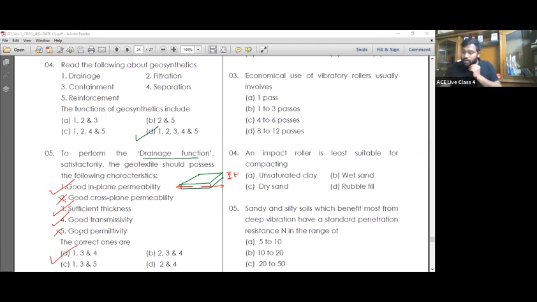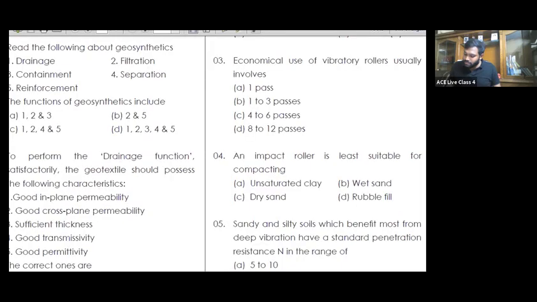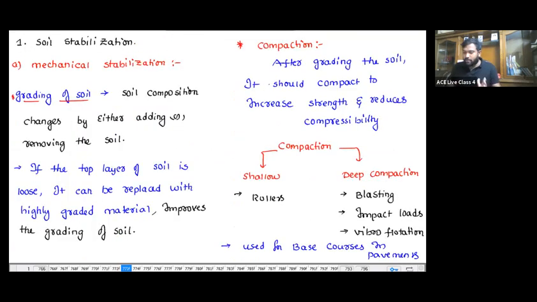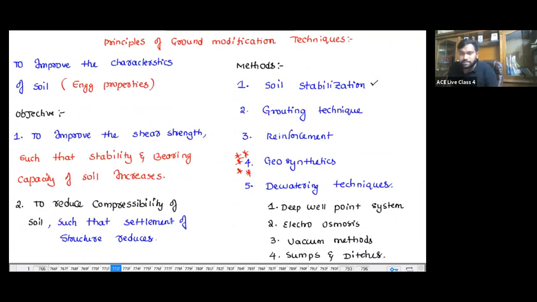And regarding the principles of ground modification techniques, I'm telling you and I am ordering you, don't go beyond these points. Do not go beyond whatever provision I have provided here, whatever things I mentioned.